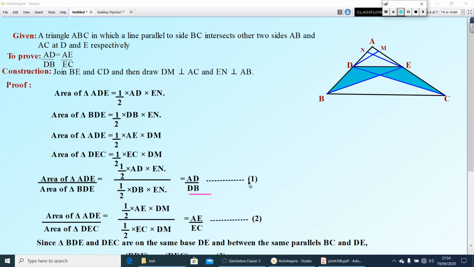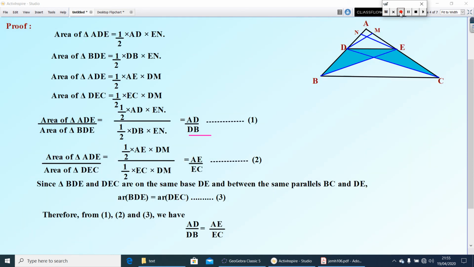Next we found the ratio of the areas of ADE and DEC, which we get as AE by EC, and took it as equation 2. Now we used the property that triangles BDE and DEC are on the same base DE and between the same parallels BC and DE, therefore these two areas are equal. That we took as 3. Now using 1, 2 and 3, we got the result, that is AD by DB is equal to AE by EC. This is the proof of the basic proportionality theorem.